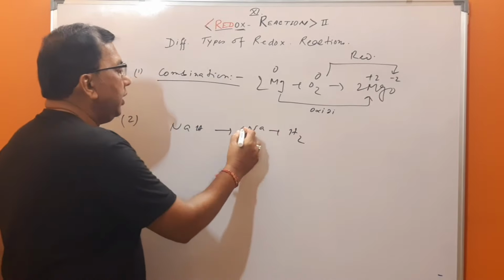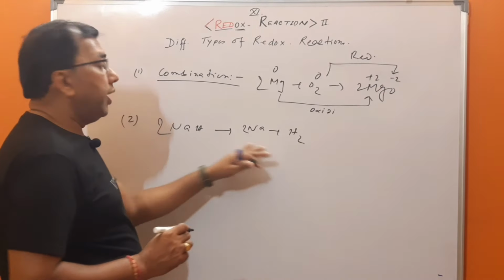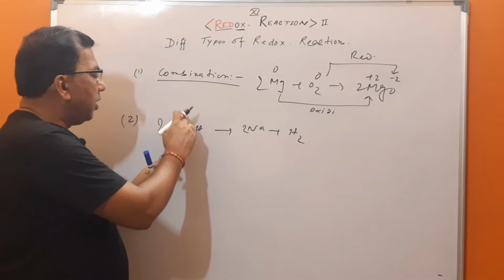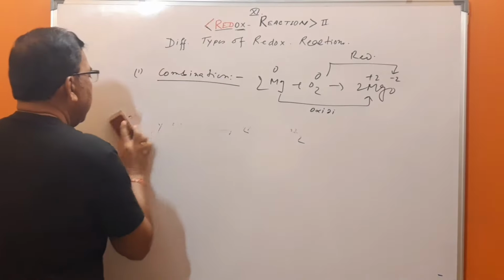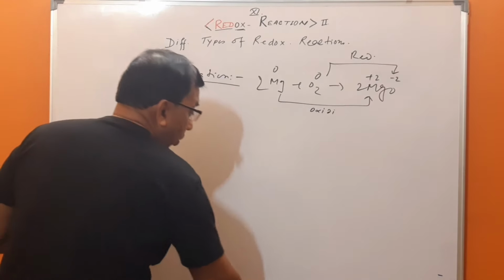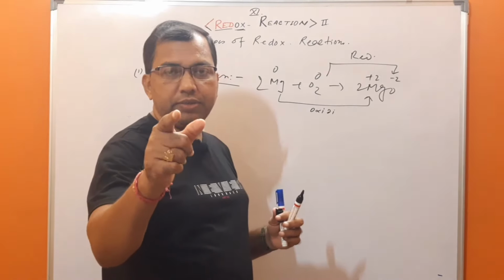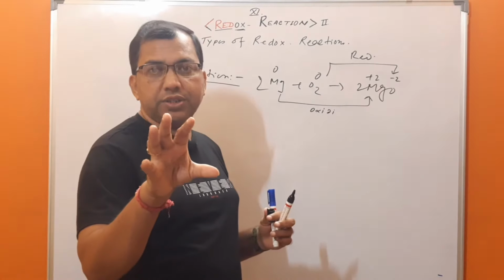This is a decomposition reaction, and this is also a redox reaction. You have to find out the oxidation numbers and check. But not all decomposition reactions are redox reactions. For example, if you decompose CaCO3, calcium carbonate, it is not a redox reaction.